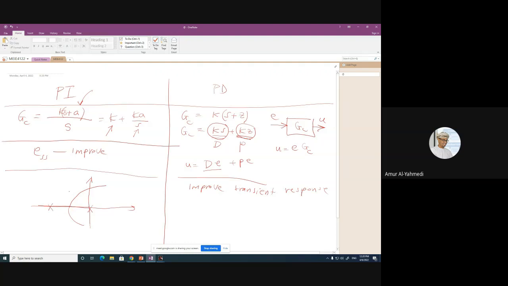So what I will do is add a pole at the origin, which is this, and put a zero very close to it. So that now the angles coming from this one and from this one, these additional angles, will not change my root locus, it will remain the same. But I will improve the steady state error.